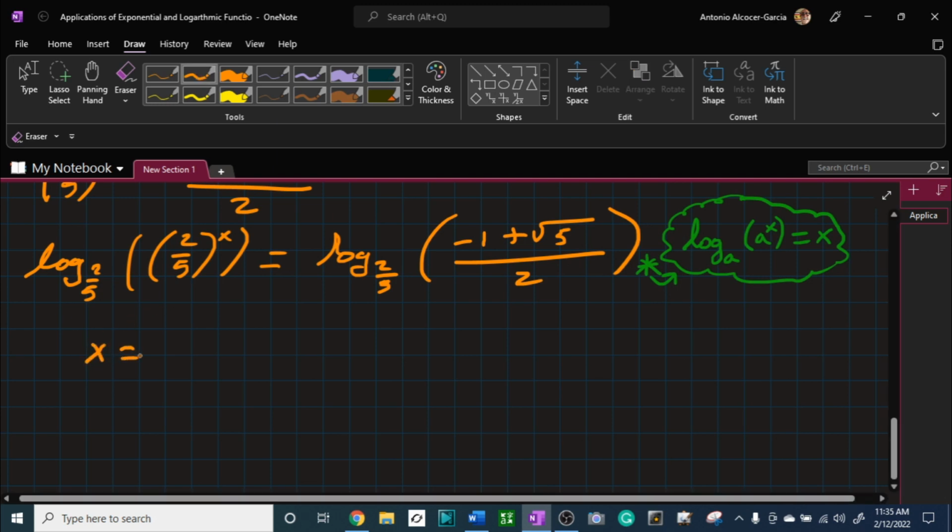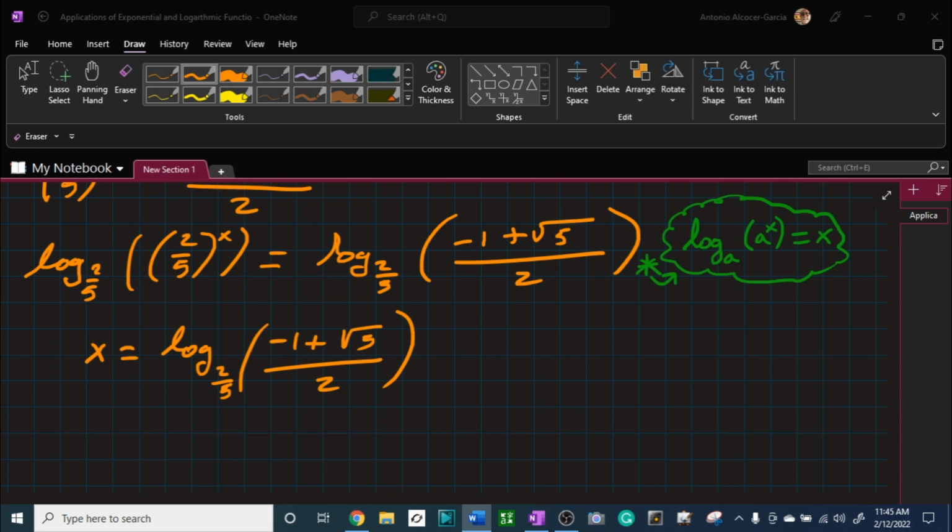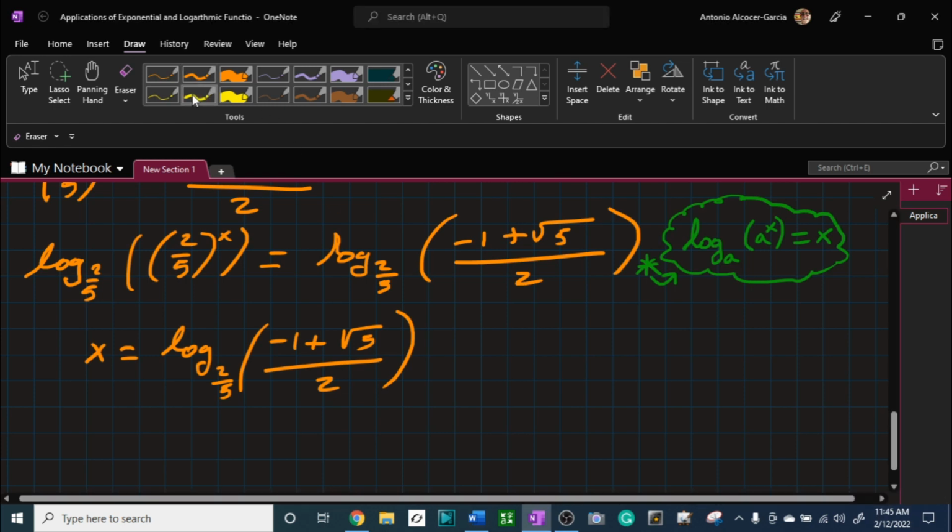Simplifying it, we see it this way. This is the solution we are looking for, from the original expression that we had been given.